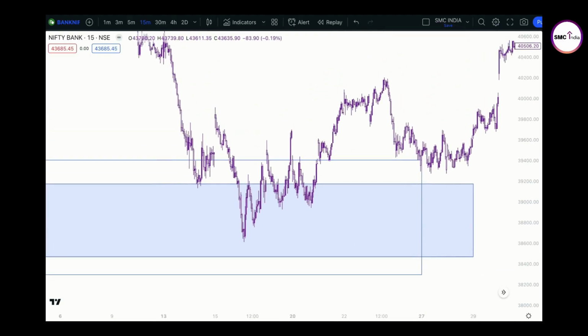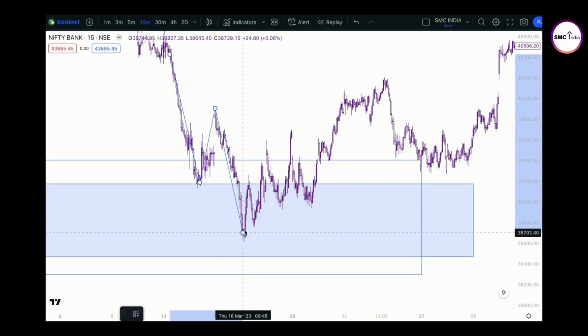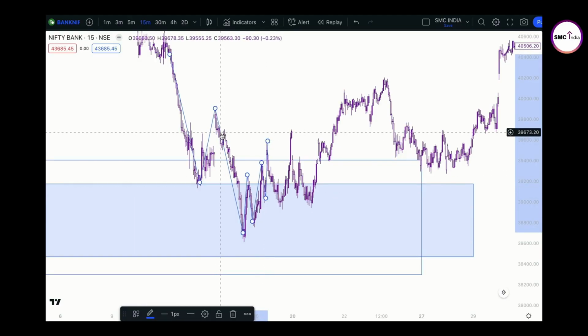So here you could clearly see that the price moved massively down, creating a huge amount of imbalances down here, and the price retraced back and then moved down, created another high, moved down, but it failed to create further lows, and it caused change of character up here. It retraced back and then caused change of character up here again.